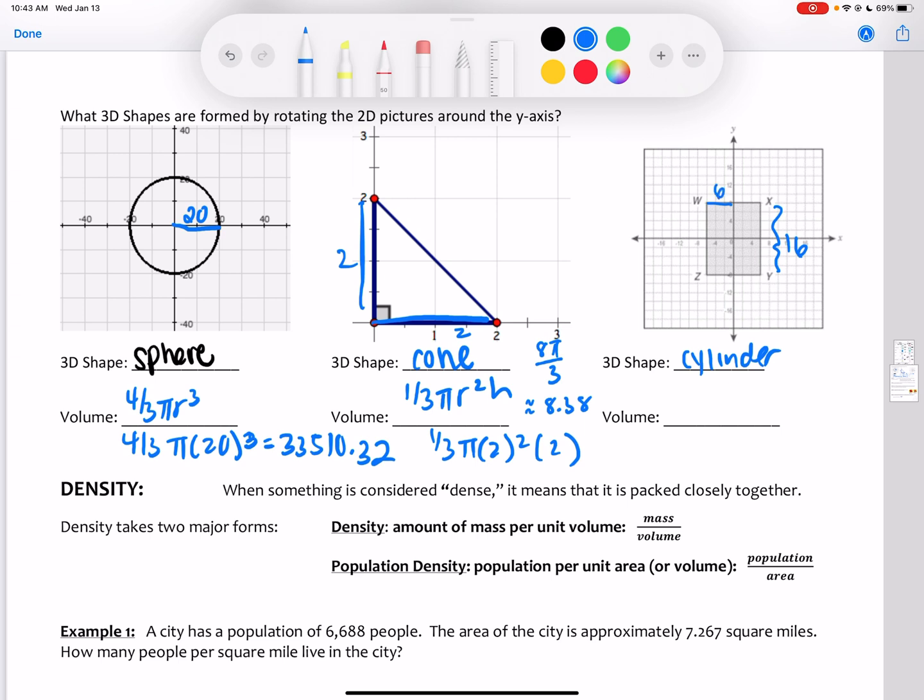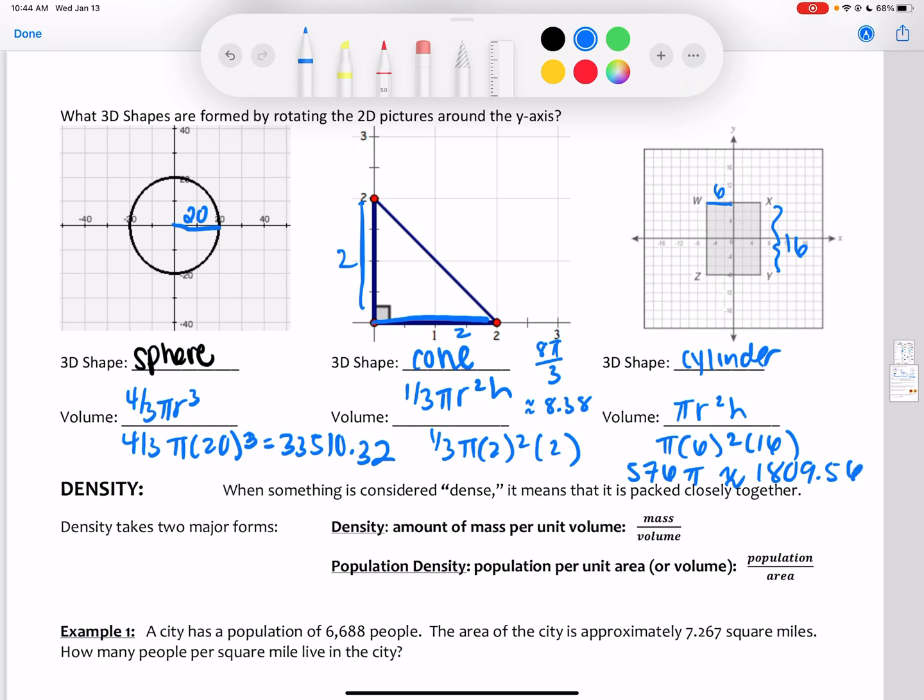So the volume would be pi r squared h, pi times 6 squared times 16. And just plugging that into your calculator is going to give me 576 pi. Or your approximate answer of 1,809.56.